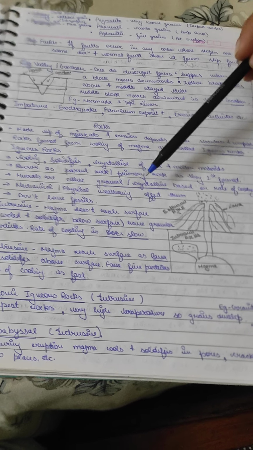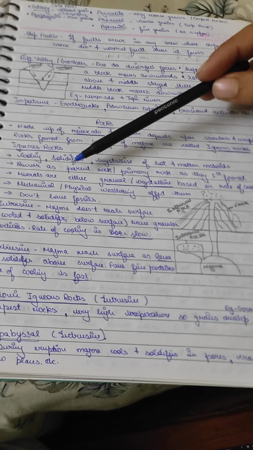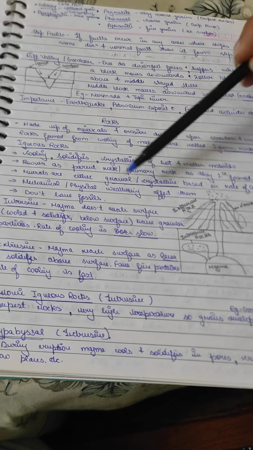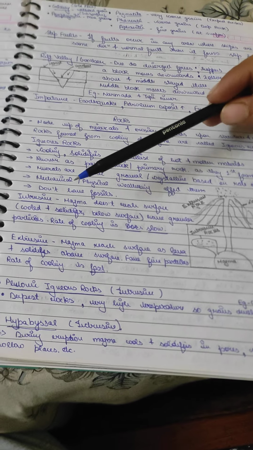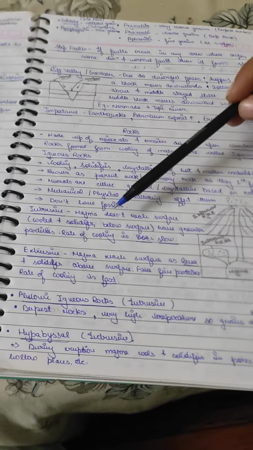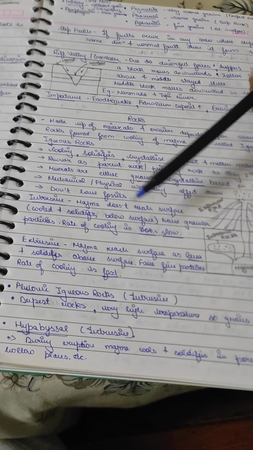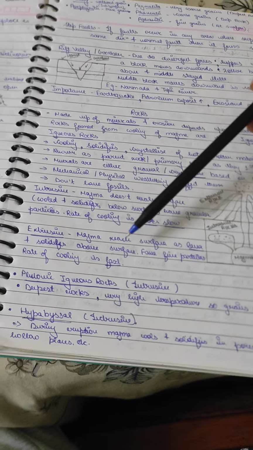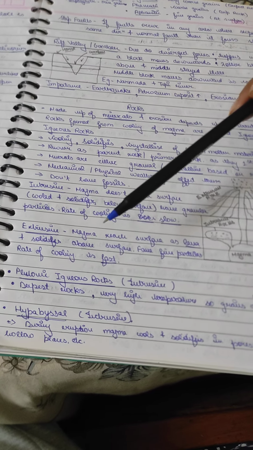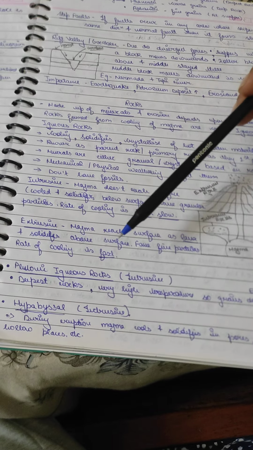Minerals are either gradual or crystalline based on the rate of cooling. Mechanical and physical weathering affect them. They don't have fossils. Intrusive: magma doesn't reach the surface, and cools and solidifies before the surface, with a slow rate of cooling. Extrusive: magma reaches the surface as lava and solidifies above the surface, with a fast rate of cooling.